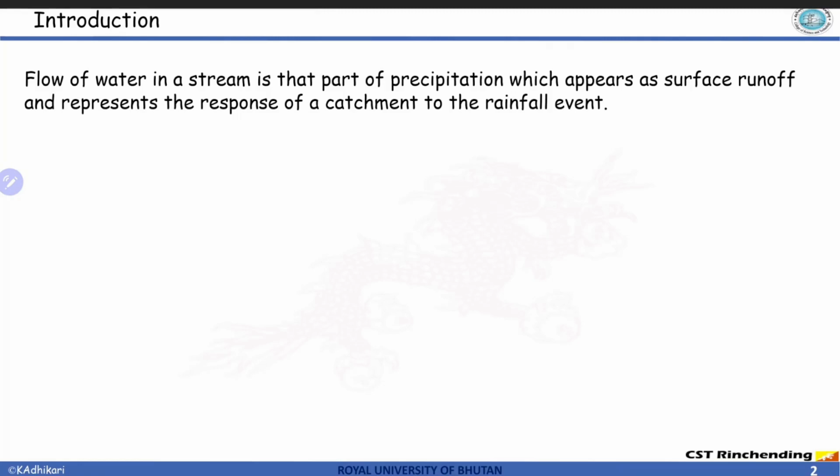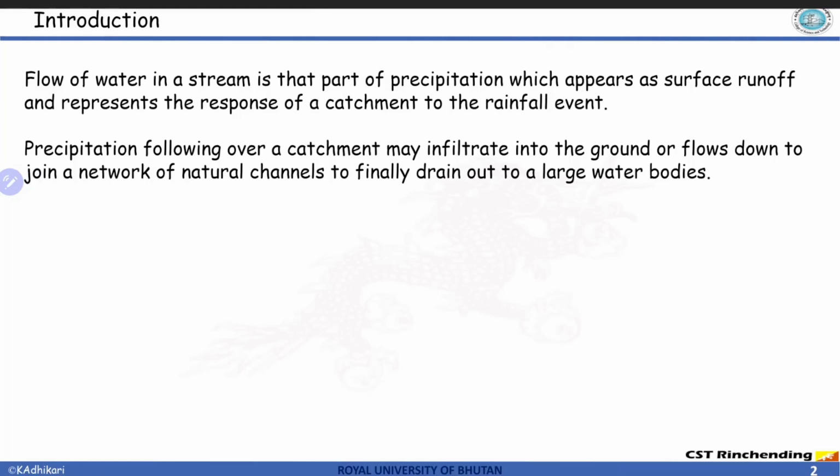It is also interesting to note that although we have studied many components of the hydrological cycle, and we have also studied the measurement techniques of various components, only the catchment response, or the stream, is what we can measure fairly accurately compared to other processes like evapotranspiration, evaporation or even precipitation.